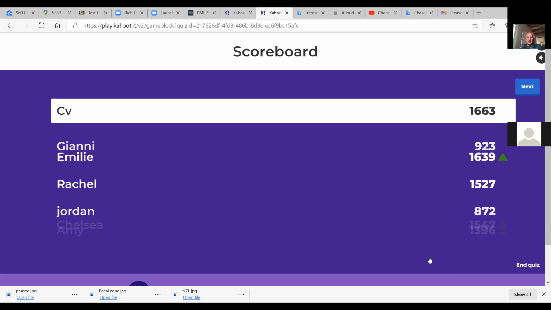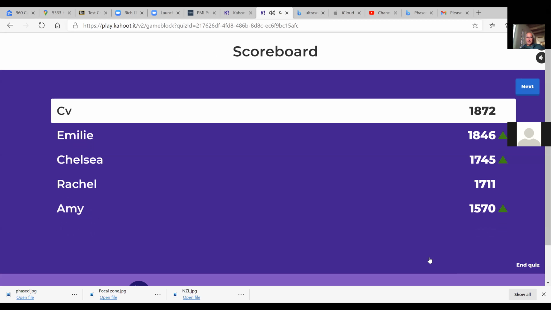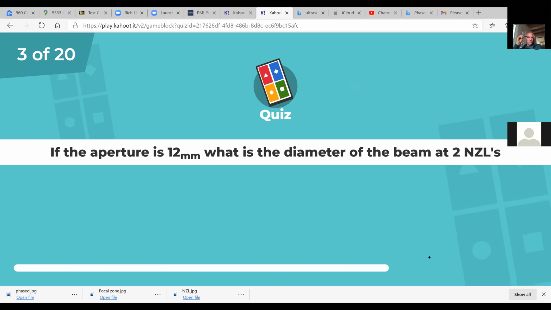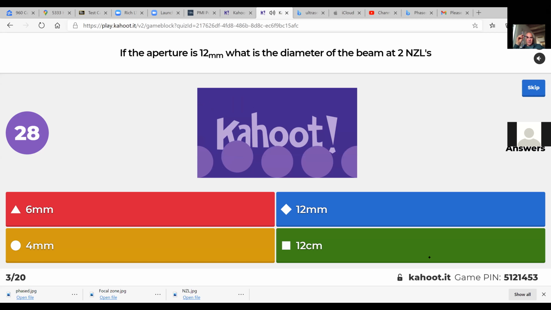Let's see how we did there. All right. The aperture is 12 millimeters. What is the diameter of the beam at 2 near zone lengths?